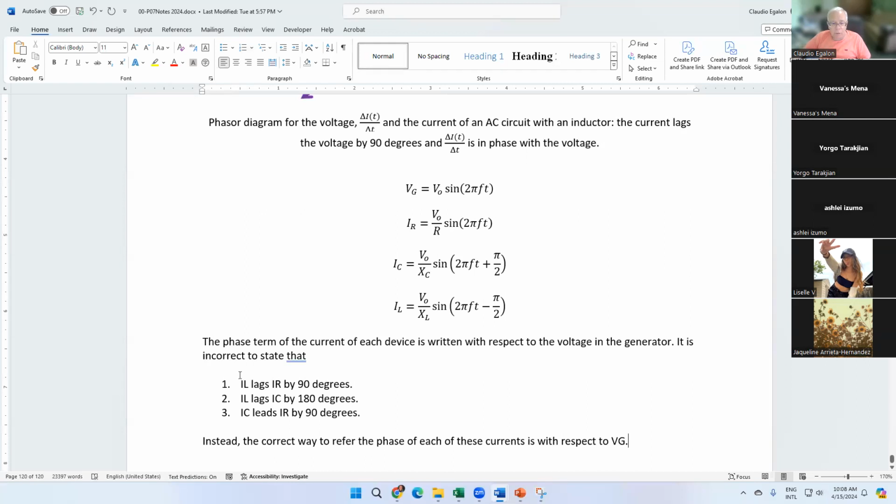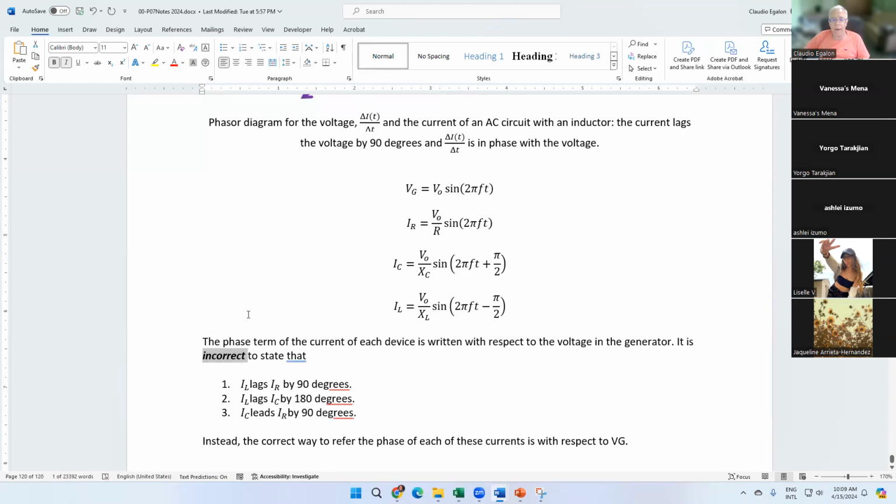And now I'm going to use it: IL right in here, IL right in here, and then IC right in here, IC right in here, and IR here, IR here.